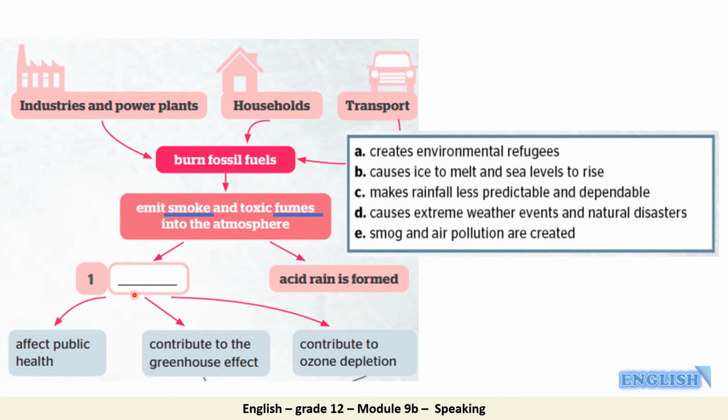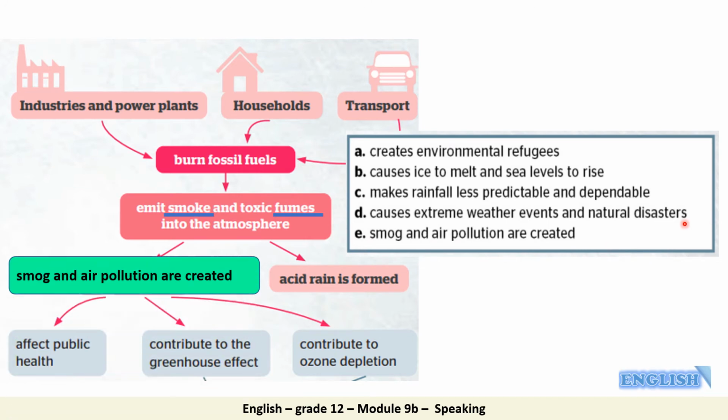What can we have also from these sentences? Very good. Yes, it's E, of course. So smog and air pollution are created.